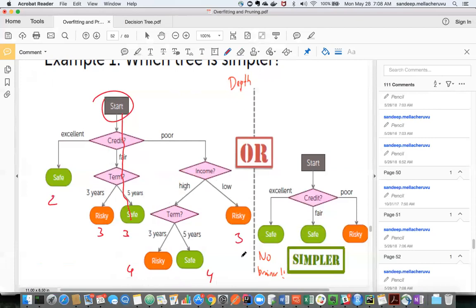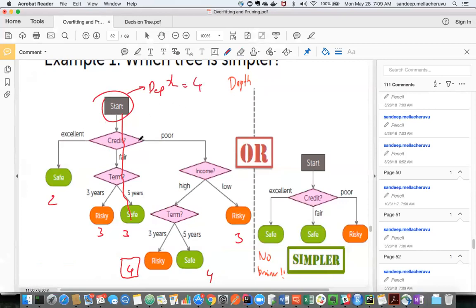Whichever leaf node is having the maximum depth, that is the depth of the tree. So for this tree, the maximum depth of any leaf is 4. So for this tree, you can say depth equal to 4.